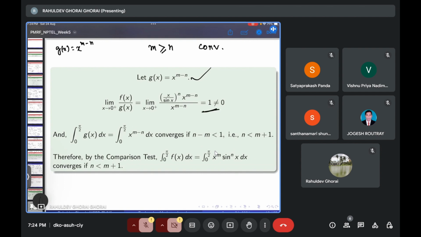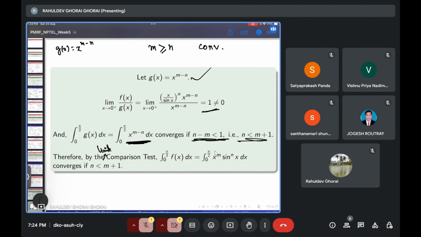So by the limit comparison test, okay? You can say this because the integral of x to the power m minus n from 0 to pi by 2 has an issue at 0, and it is convergent when n minus m is less than 1, that is easy to check. It's convergent when n is less than m plus 1.